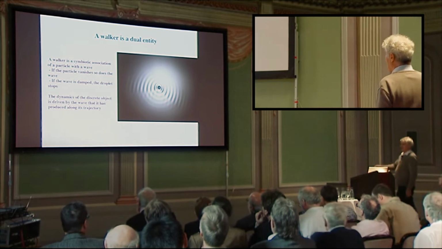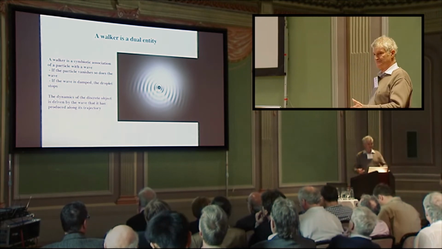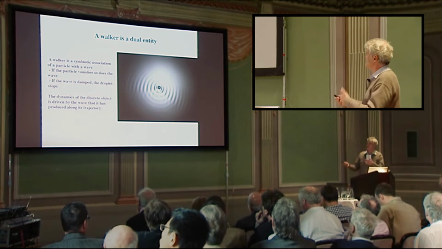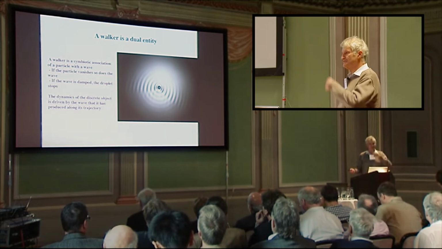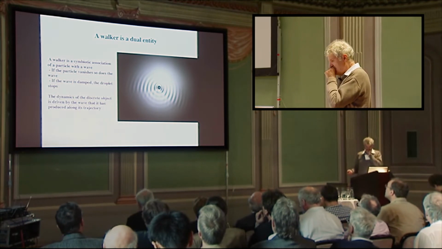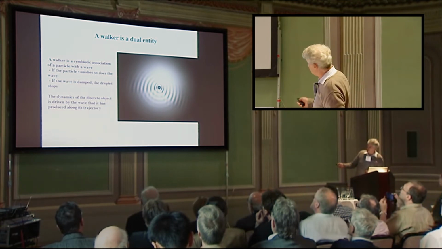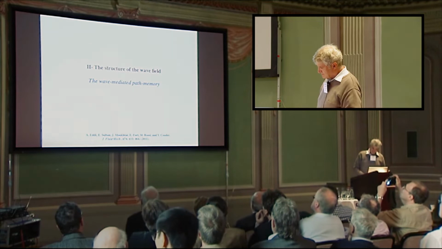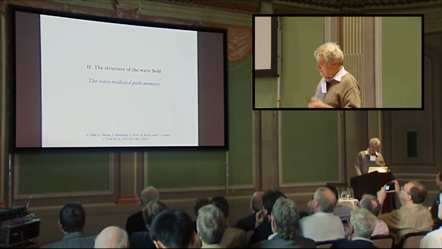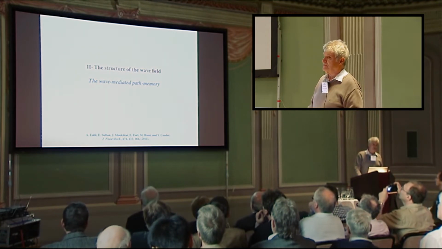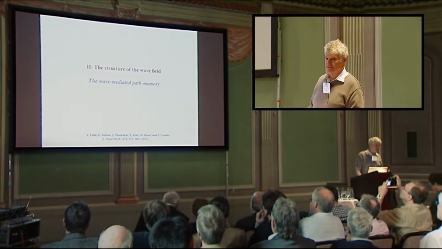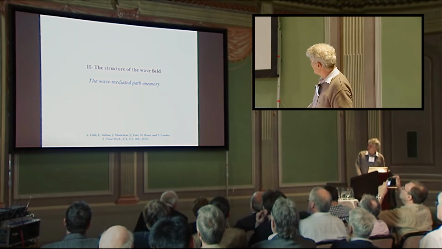And if the wave is damped, then the drop stops. So the walker is an entity that couples the drop and the wave field. And the interesting question is, what is its dynamics? So I will go into more detail on the wave field structure, because it's a fundamental feature of this object.